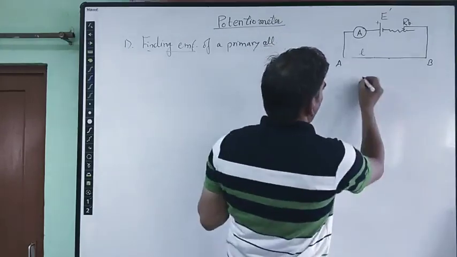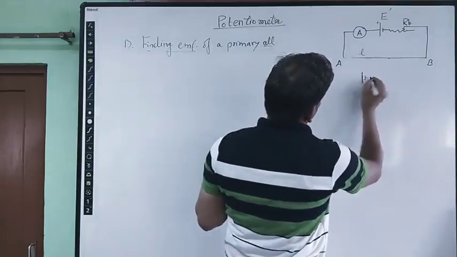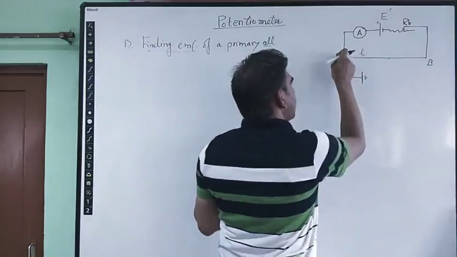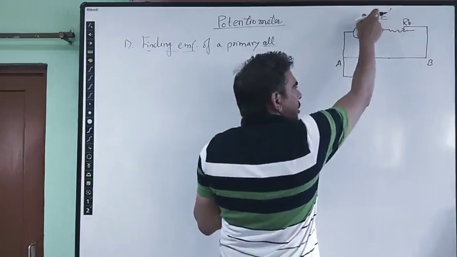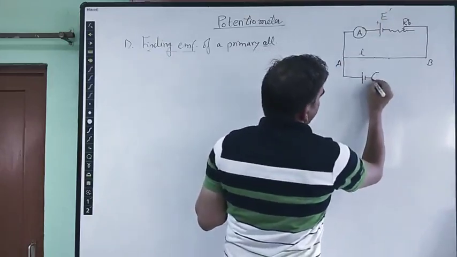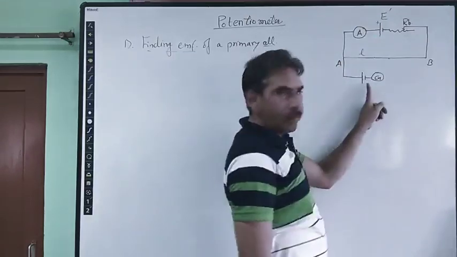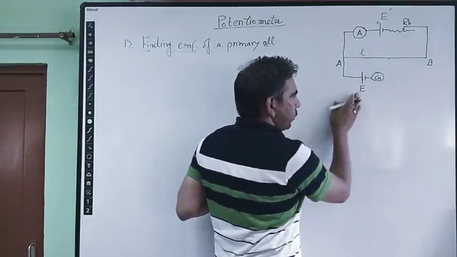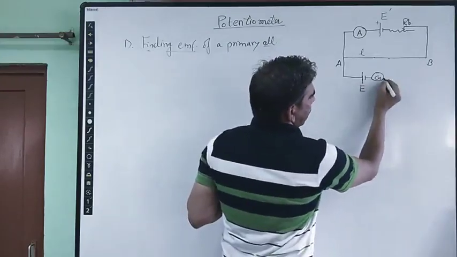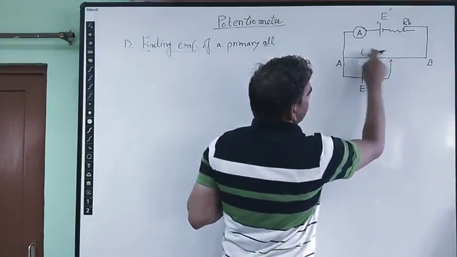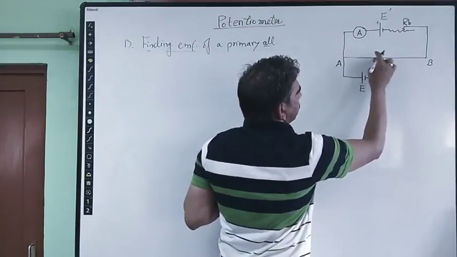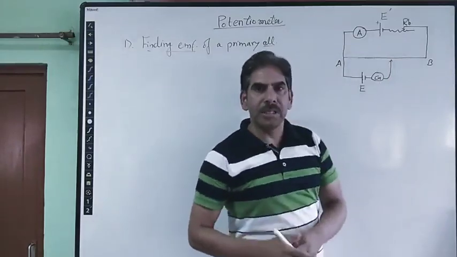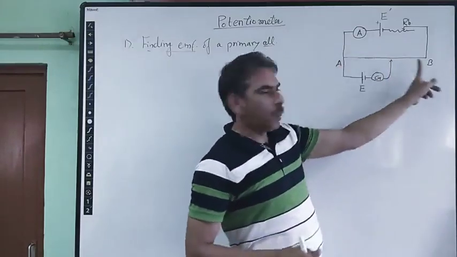Now the cell whose EMF is to be found, we connect at this terminal. The positive is connected to the terminal where the positive of the auxiliary battery is connected, and at the other end of this primary cell, having EMF E, which we have to find, we connect a galvanometer. The other end of the galvanometer is connected to the pointer, which is free to slide over the potentiometer wire.